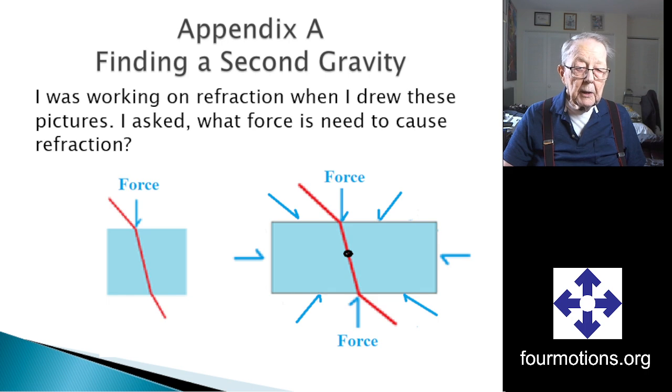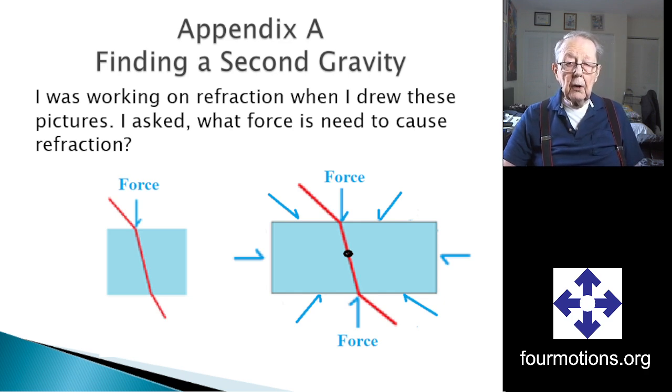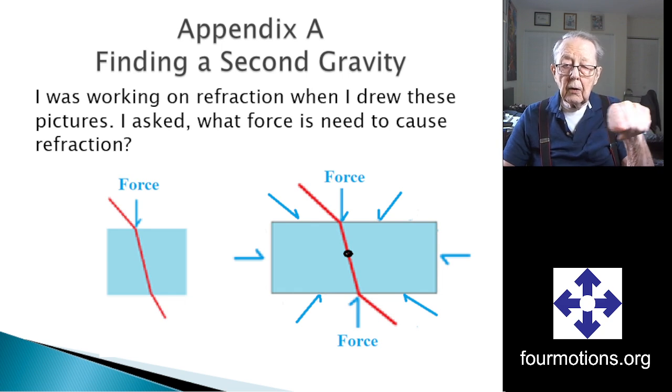And then I said, well, wait a minute, it also refracts down below, so I had to draw a force down below, and in reality, you have to draw a force all around the prism, because no matter where the light comes in, it refracts, except in the horizontal or vertical.